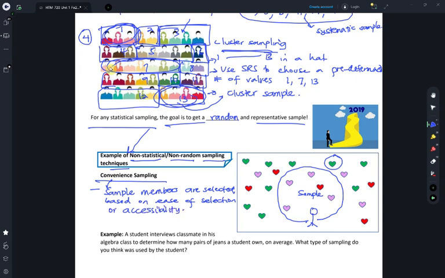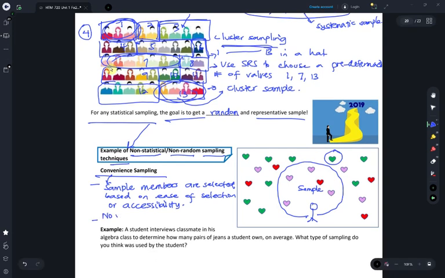And that is a problem. In other words, there is no underlying random sampling plan or random selection plan. So usually results that you get from convenient sampling plan may oftentimes be affected by systematic bias.